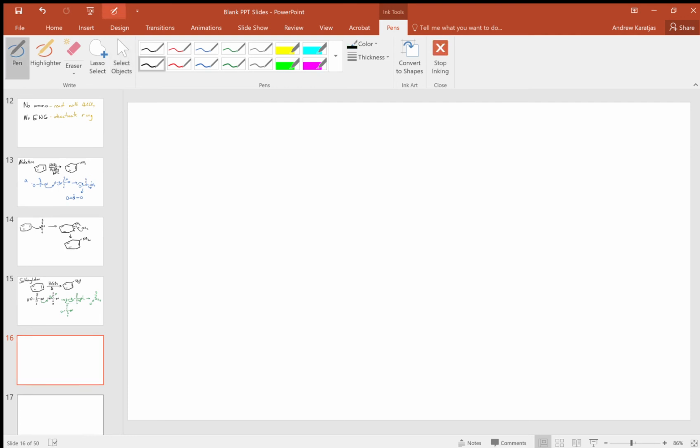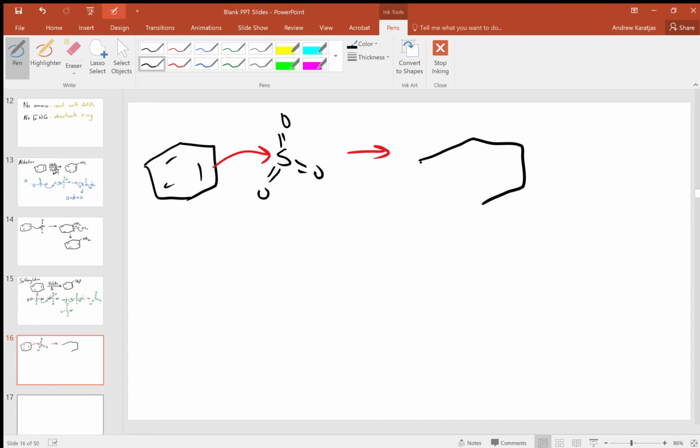From here, this reaction is going to look very similar to what we've seen. The aromatic ring will attack SO3. That forms our sigma complex.